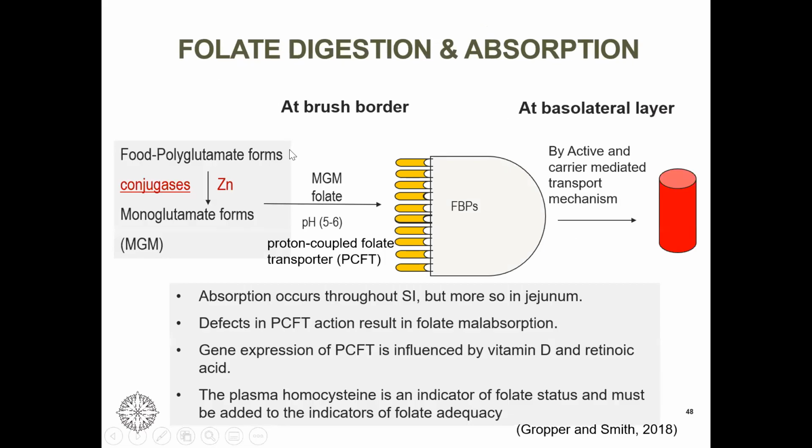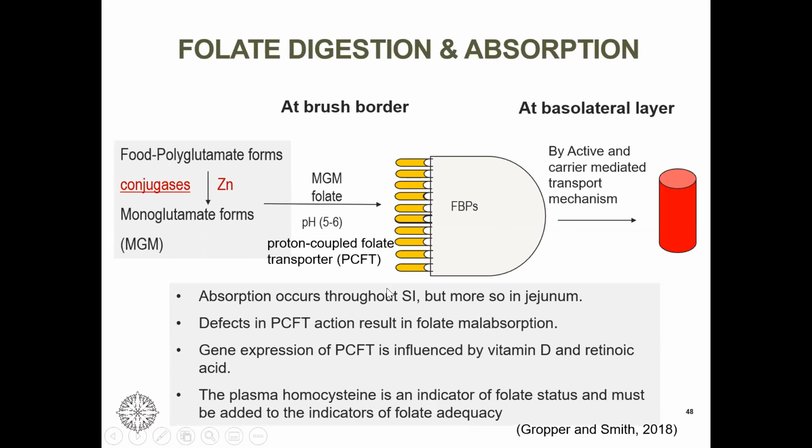Okay, so it's the same information in diagram form, that polyglutamate forms have to be acted upon by conjugases so that we convert them into monoglutamate. These conjugases act only when the pH is between 4 to 5. And then with the help of the proton coupled folate transporter or RFC, they go inside the intestinal cell.